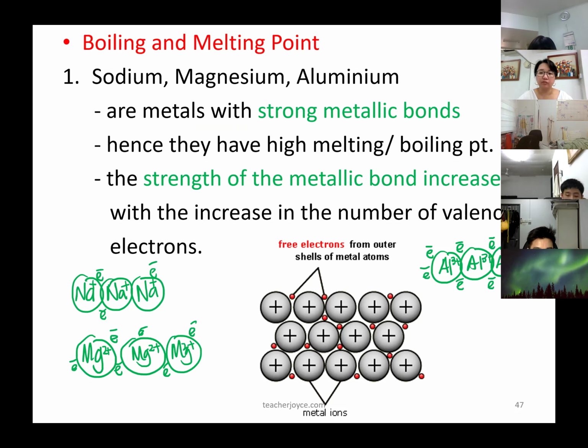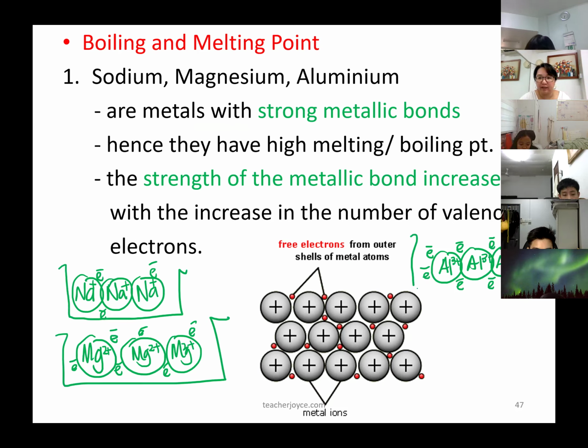You have to imagine, you are sodium, your attractive force, to melt. Imagine a tub of sodium, a tub of magnesium, and a tub of aluminium, okay? The metallic bond is between who?